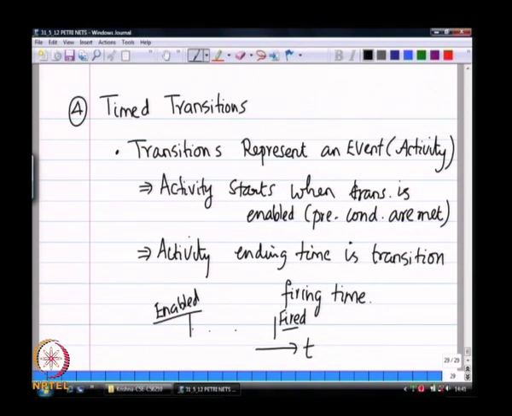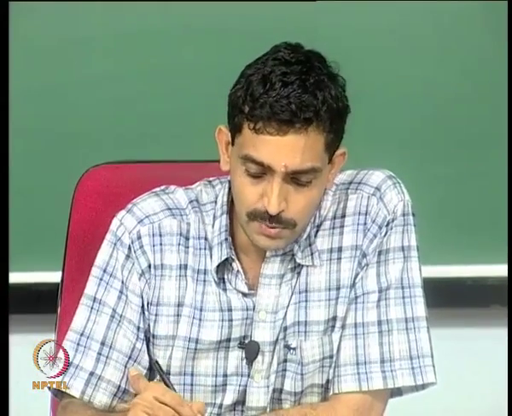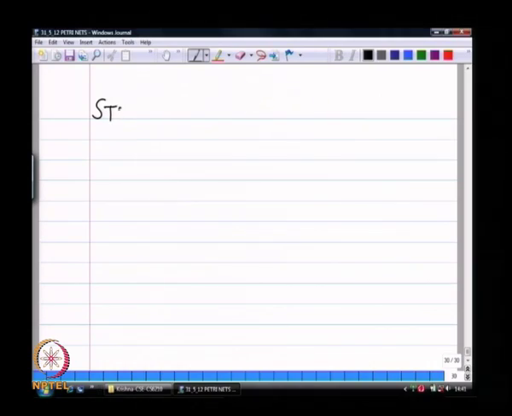So this is the so called timed transition, okay. There are different types of firing. There is something called atomic firing, which is what is used. We will for now just not worry about that detail, because that is the default thing that we will talk about, okay. So now we come to the special class of timed Petri nets called stochastic Petri nets.